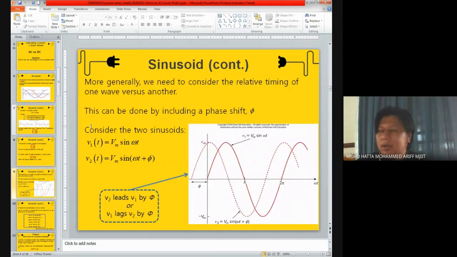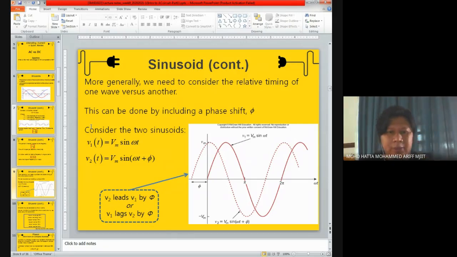Okay, a little bit more on sinusoids. More generally, we need to consider the relative timing of one wave versus another. So in your course, you will be given, for example, two sinusoid waveforms, and you try to compare the phase shift between the two sinusoids. So that's what you're going to expect in your course.